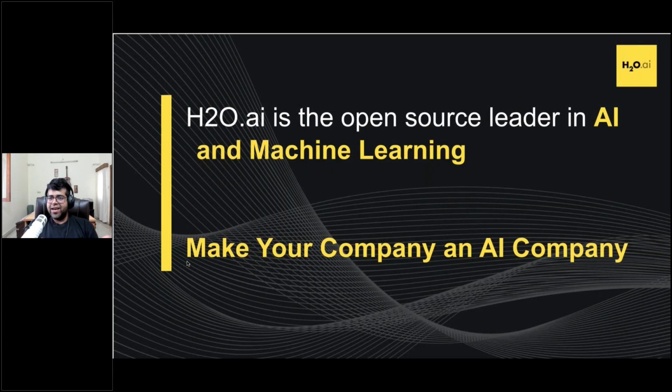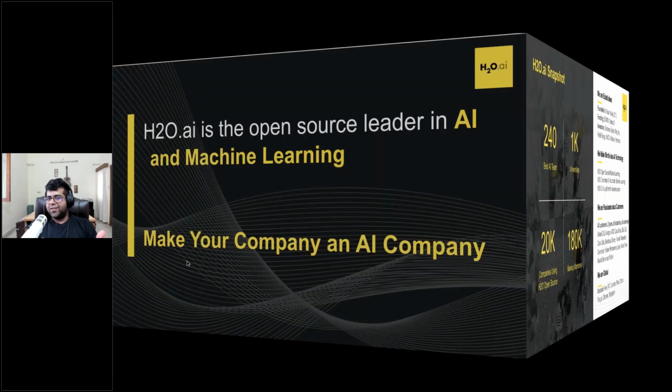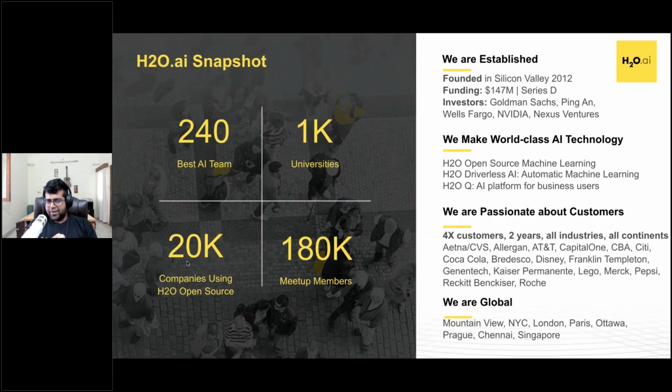So H2O.ai is an open source leader in AI and machine learning, and our goal is to democratize AI by making your company an AI company. Here are a few stats about our products and our company, so to speak.